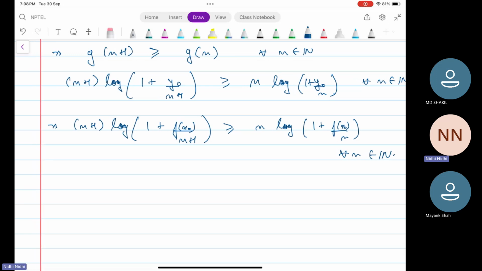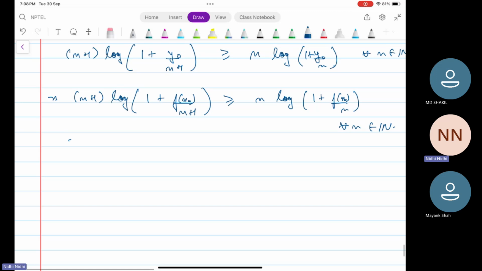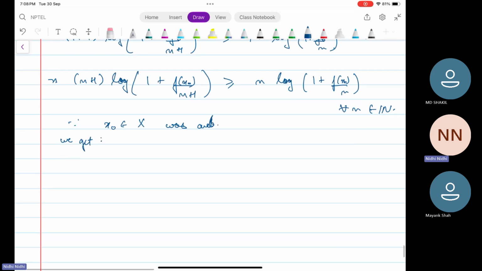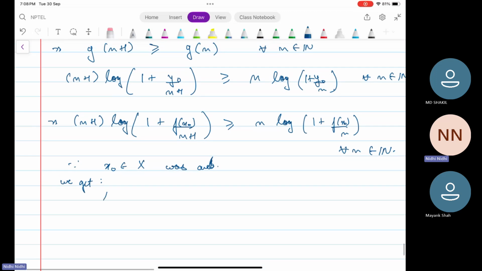Now this tells us, since x naught belonging to X was arbitrary, we get f1 of x is less than or equal to f2 of x, and so on, fn of x, and so on.